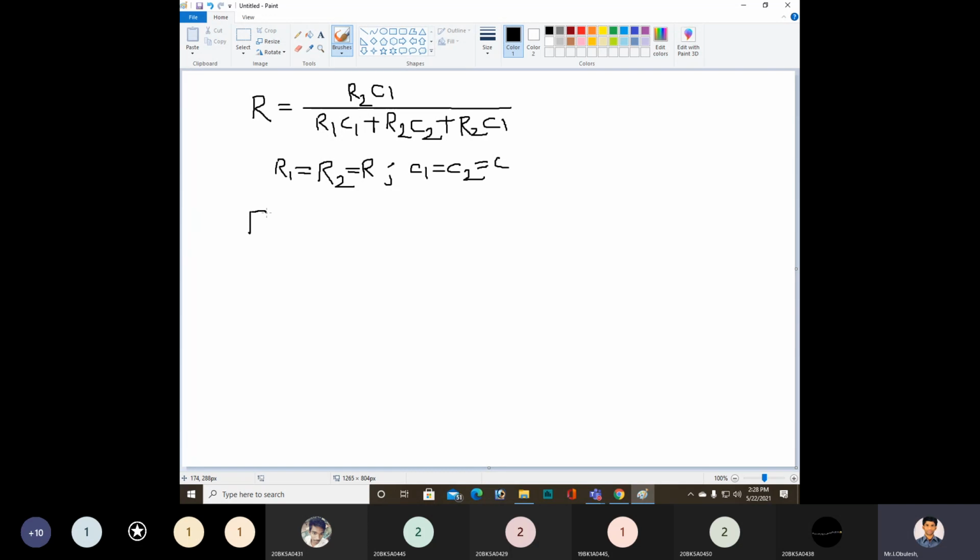R equals RC divided by RC plus RC plus RC, 3 RC. Here we are getting 3 RC. These RCs are going to cancel. Then we are getting 1 by 3.